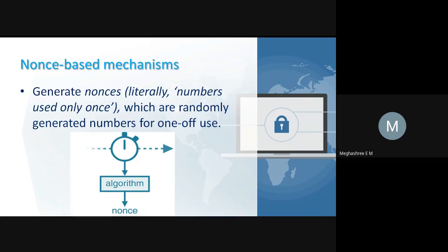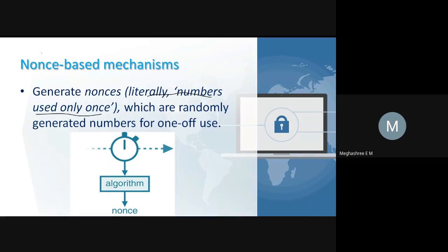The next method is the nonce-based mechanism, the last method under providing freshness mechanisms. Nonce literally means a number used only once. Those numbers can be random numbers. If a particular number is used once, it should not be repeated.